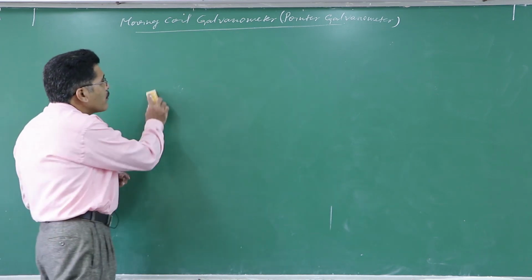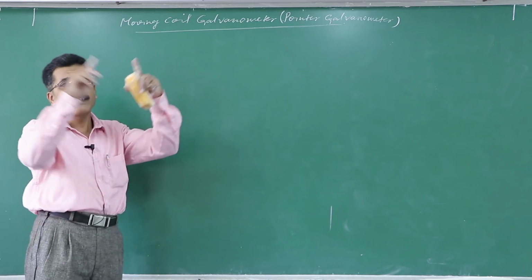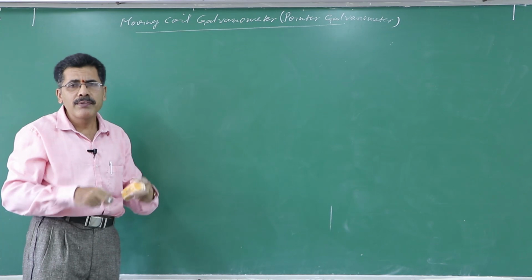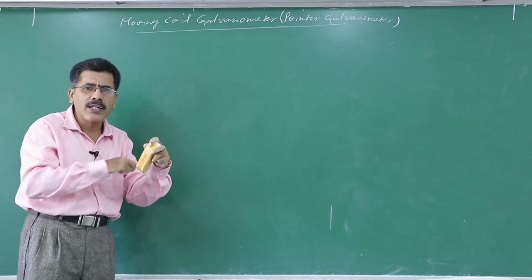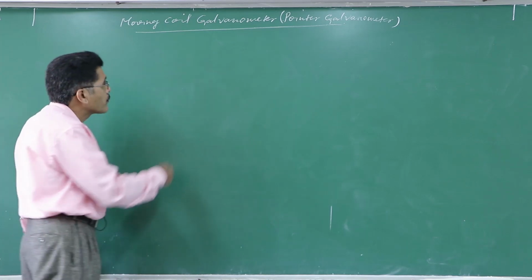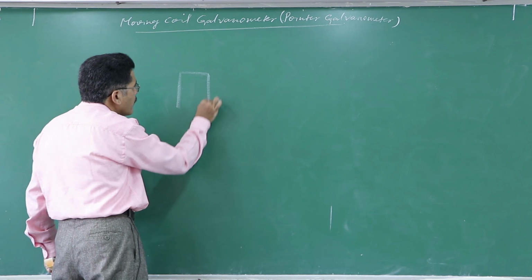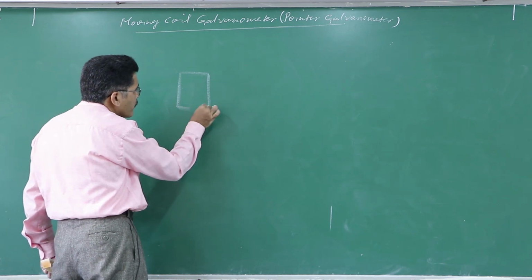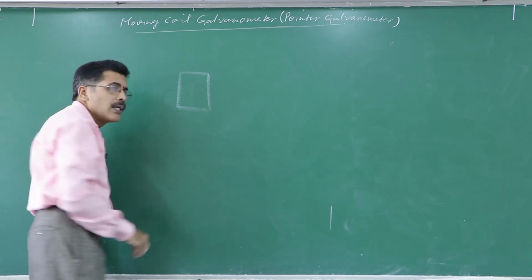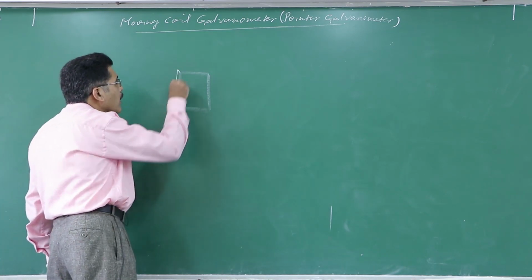So the moving coil galvanometer consists of a rectangular coil. There is a rectangular frame on which a large number of turns of thin insulated copper wire are wound.